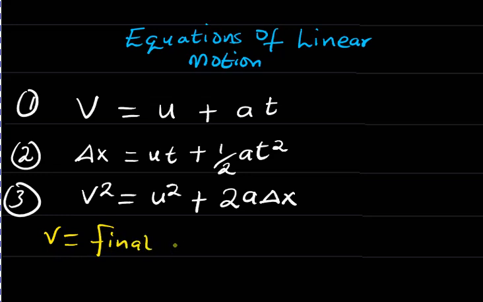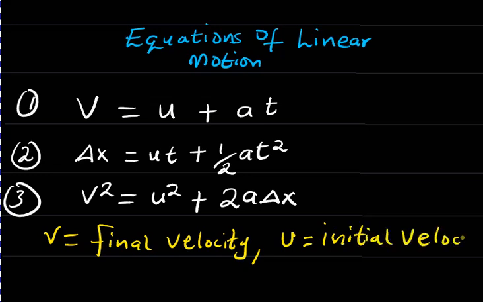So use whatever symbol you are comfortable with. Then if V is final velocity, U is going to be the initial velocity or speed. Of course, you know what a represents. a is the acceleration.